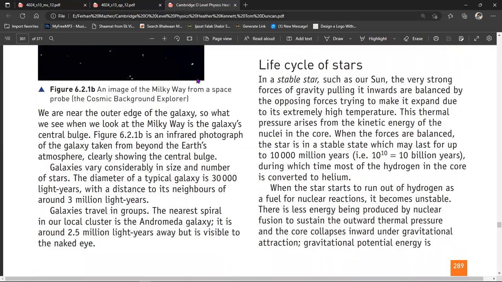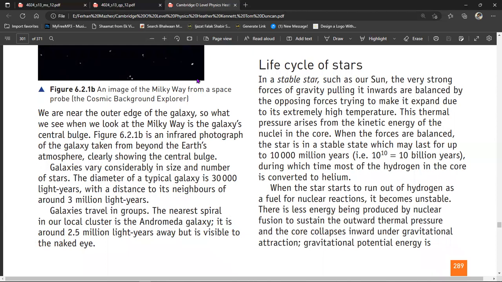So now we talk about the life cycle of the stars. In a stable star, such as our sun, the very strong forces of gravity pulling it inwards are balanced by the opposing forces trying to make it expand due to its extremely high temperature.